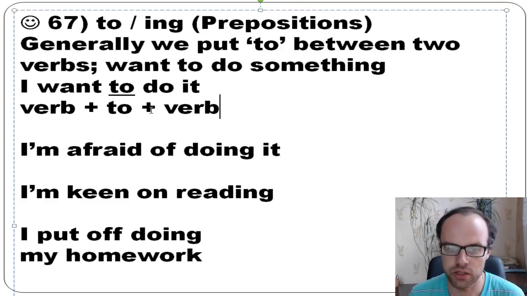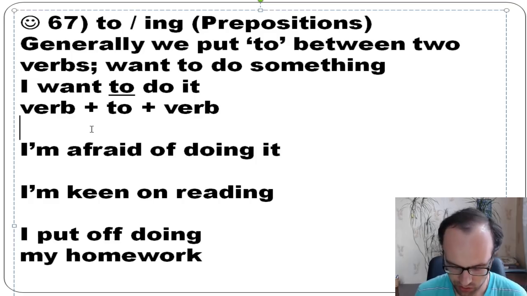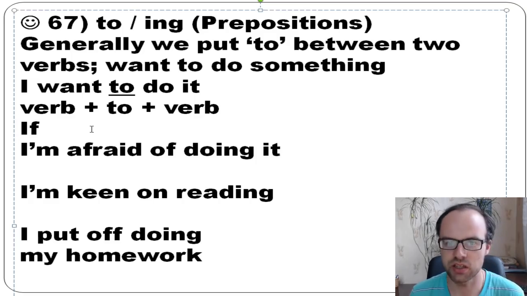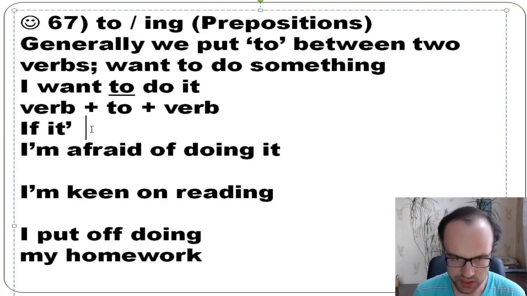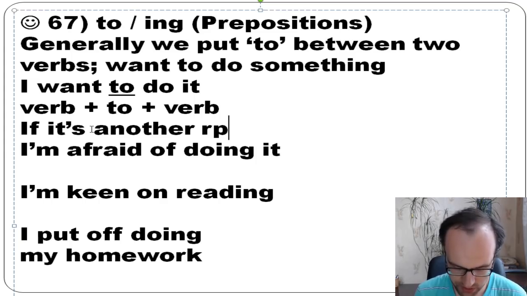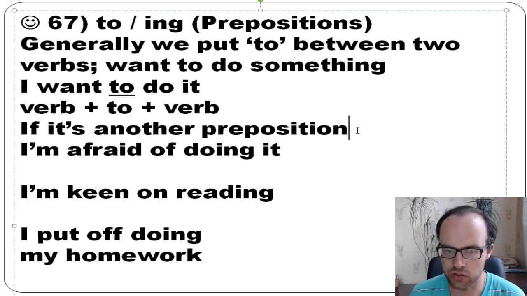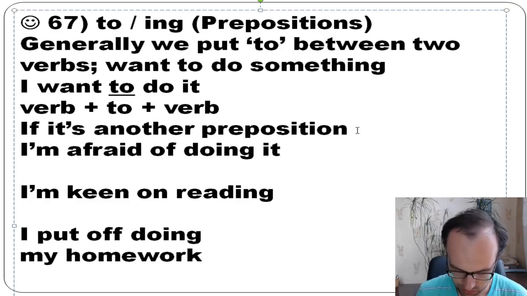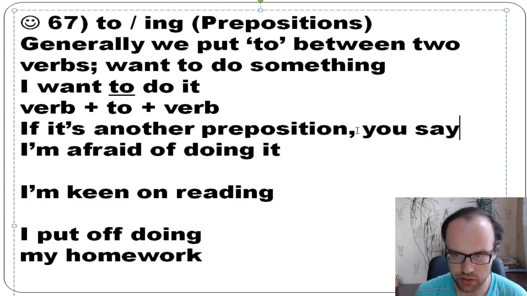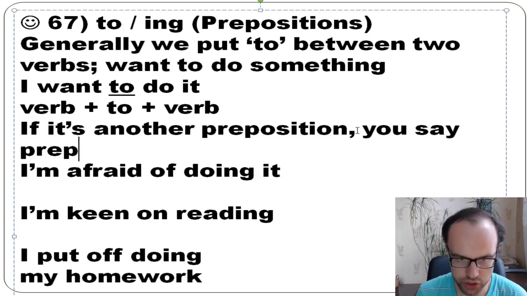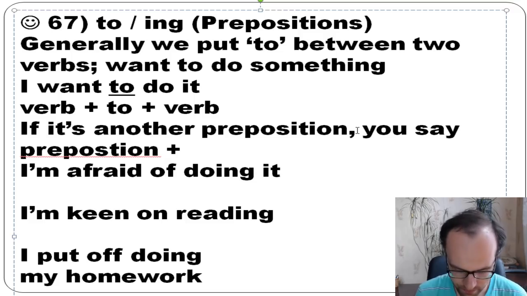So right, sometimes it's with to. If it's another preposition, let's write it down because this idea is very important. If it's another preposition, not to, you need to use preposition plus verb, okay?